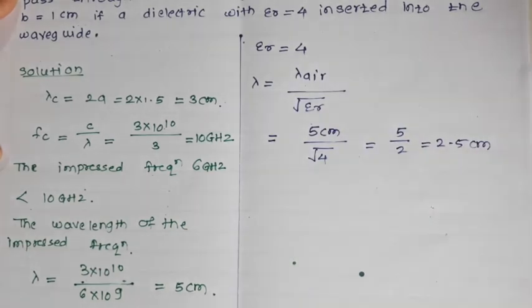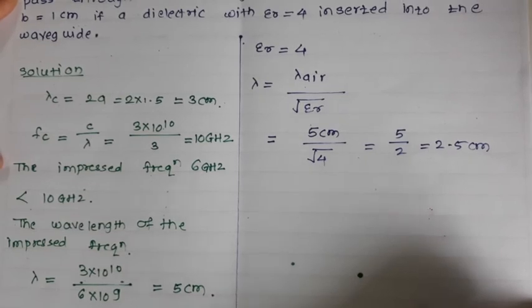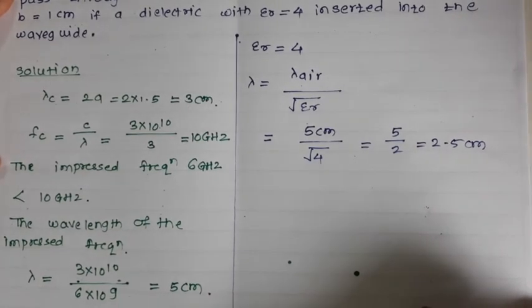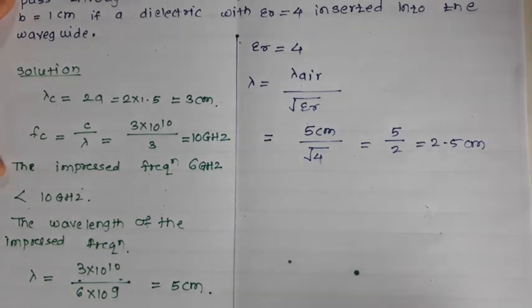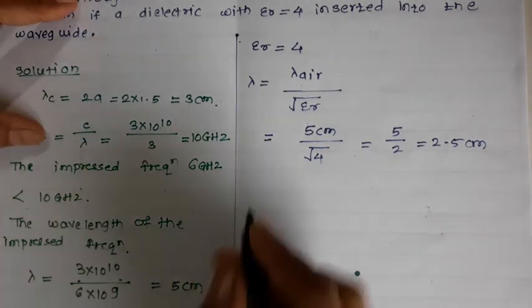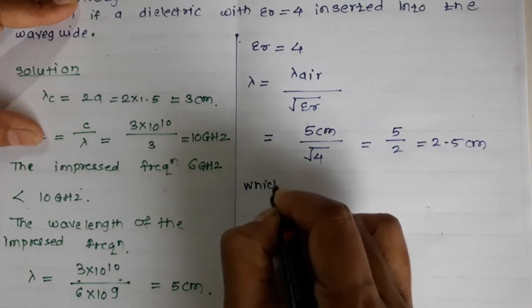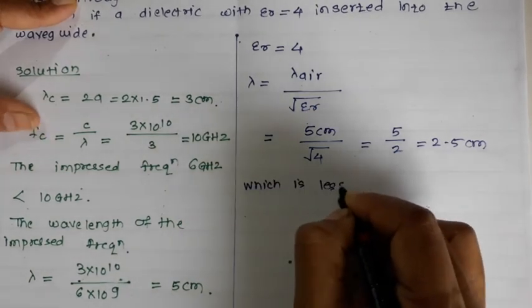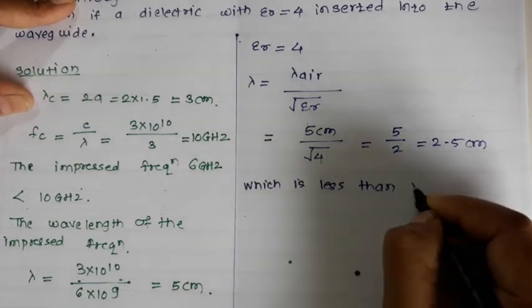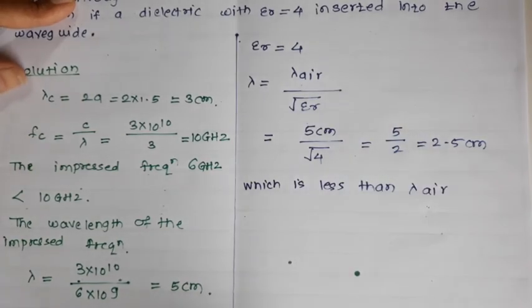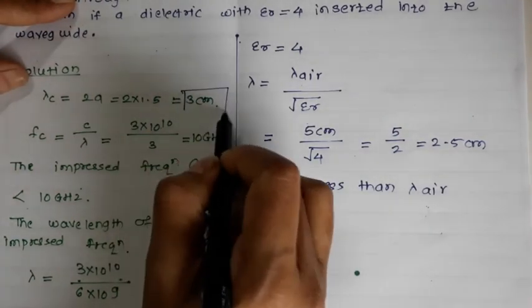Now you can see that whenever you are using a dielectric other than air, your wavelength is less than lambda air. Now what is your cutoff wavelength? It is 3 centimeter.